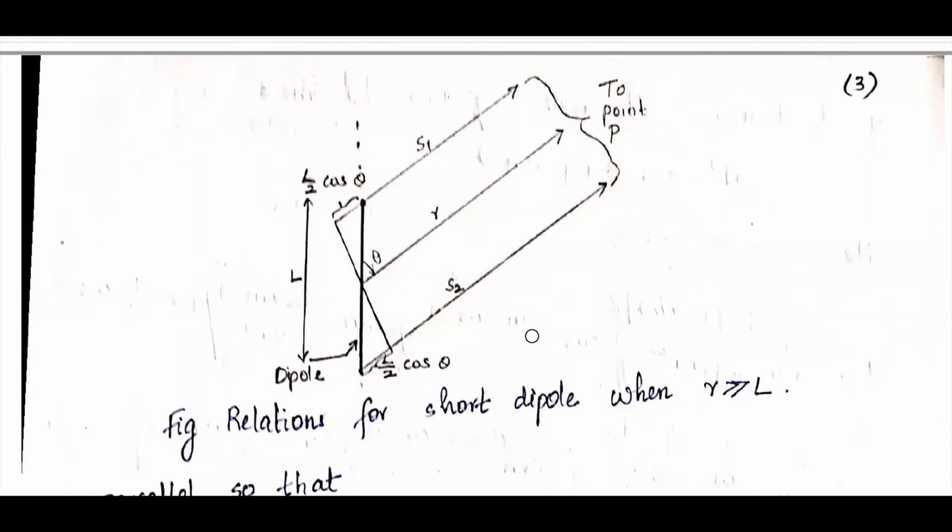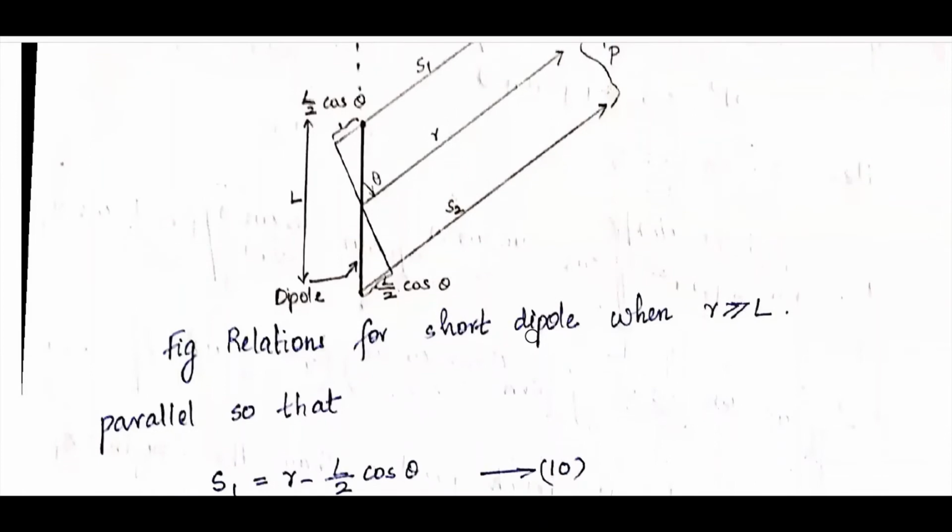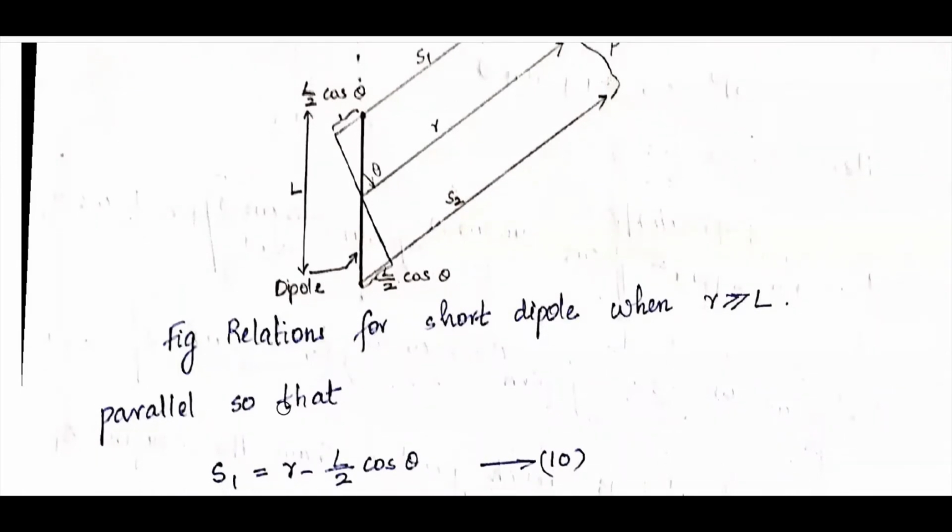So if you are finding S1 and S2, you can write S1 is equal to R minus L by 2 cos theta, and S2 will be equal to R plus L by 2 cos theta.